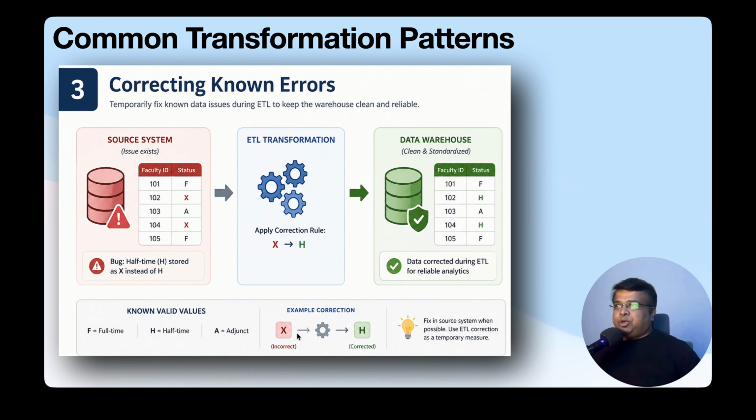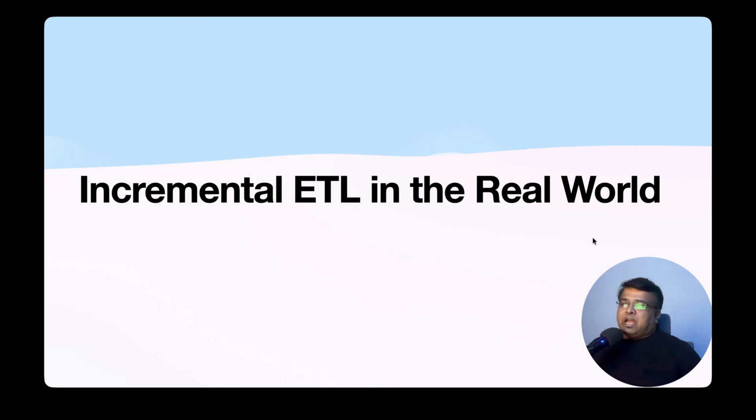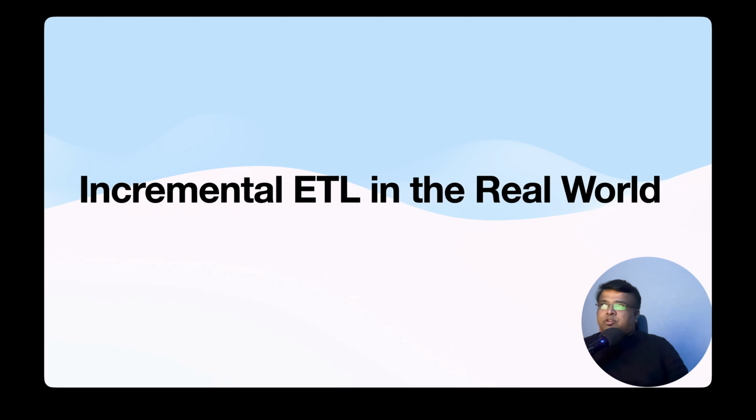So while loading the data into the warehouse, we simply replace X with H, and that way our warehouse maintains clean and standardized data even if the operational system still has that issue. And really, all these transformations tie back to one major goal, that is data uniformity.